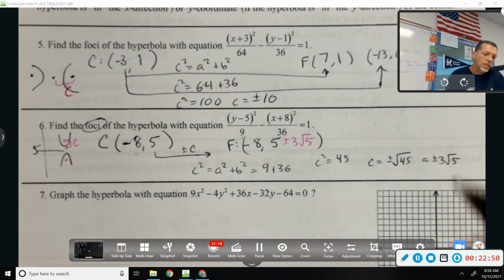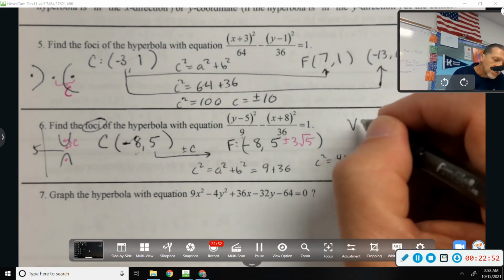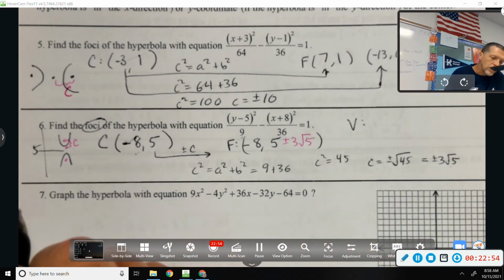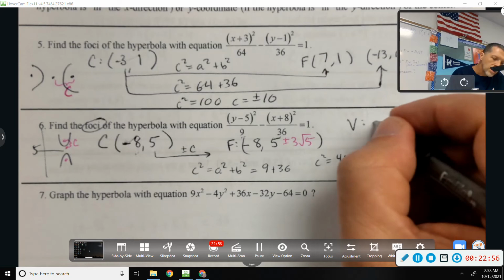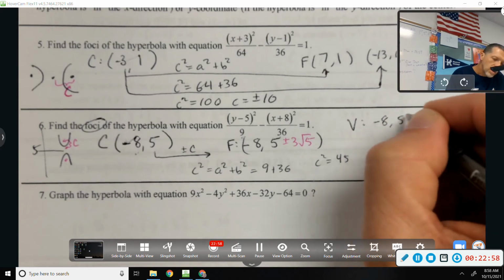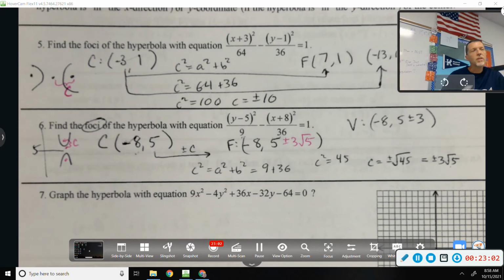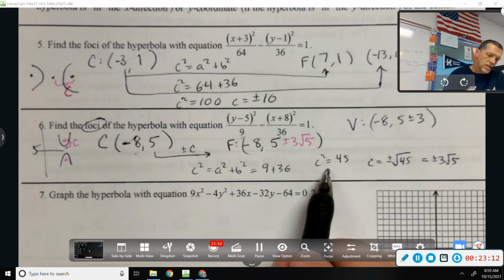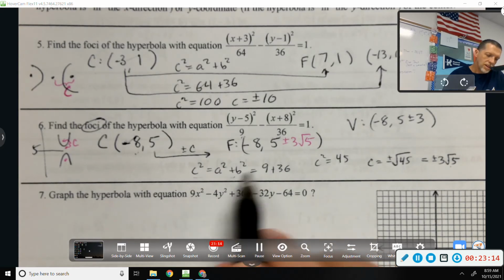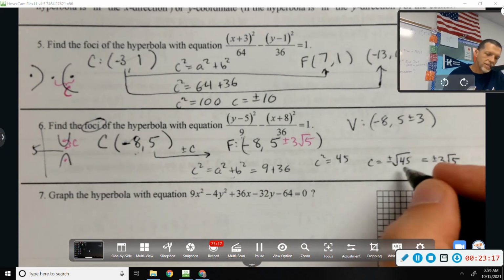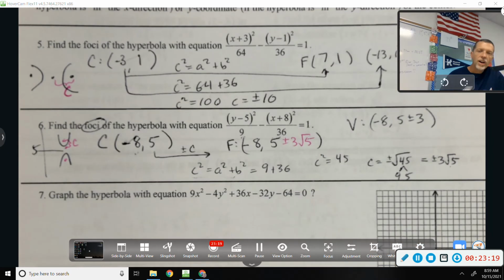If you're thinking about where the vertices are, those are up and down as well, but only up and down 3. -8, 5 plus or minus 3 would be the vertices. I'm just confused how you got to the part with the square root. Square root of 45 is 3 root 5.